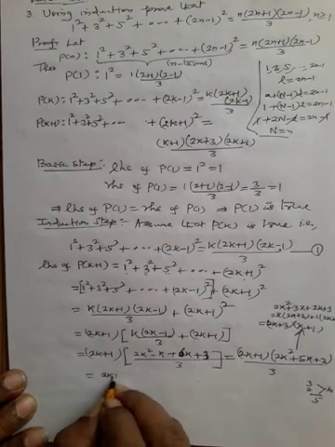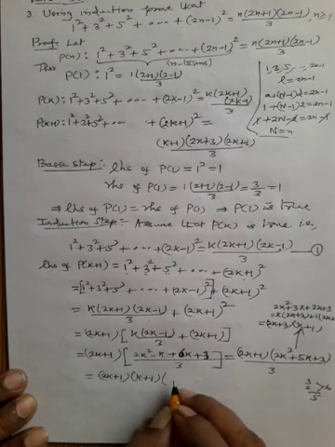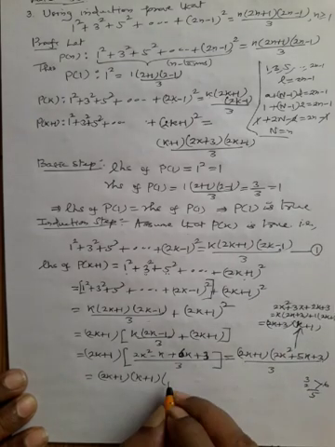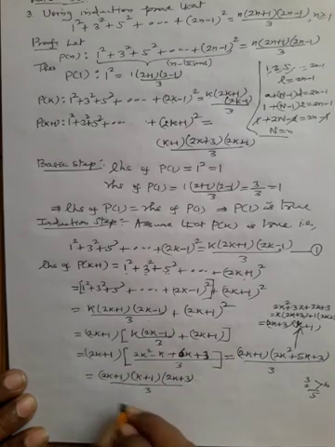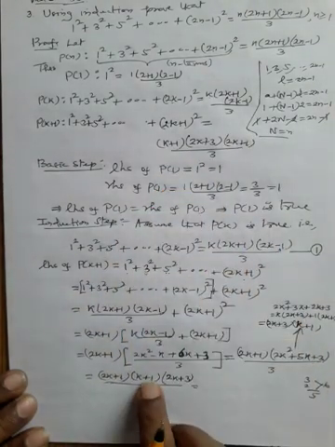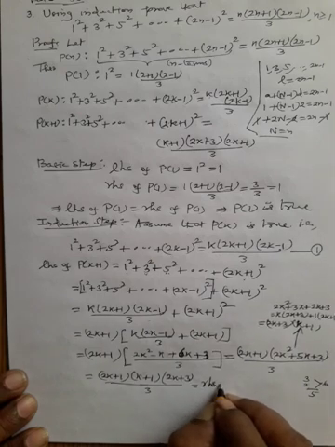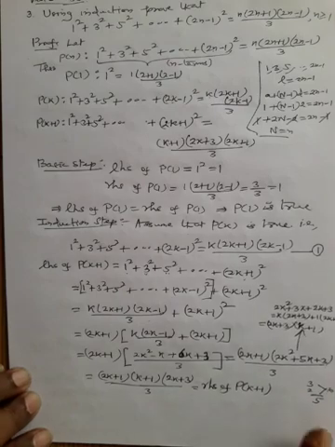So (2k plus 1) into (k plus 1) into (2k plus 3) whole divided by 3. Is it our right hand side of P of k plus 1? Yes, k plus 1, 2k plus 1, 2k plus 3 is the RHS of P of k plus 1.